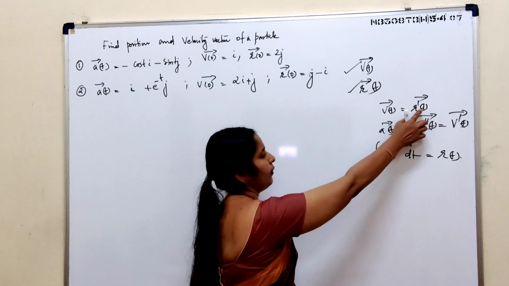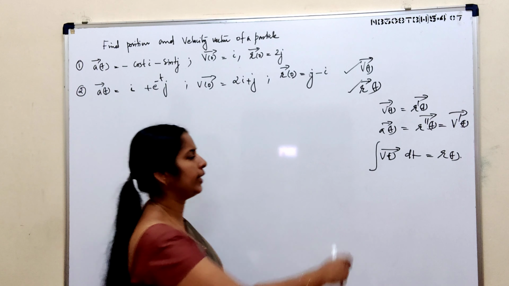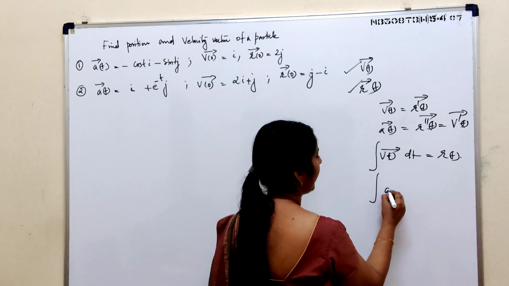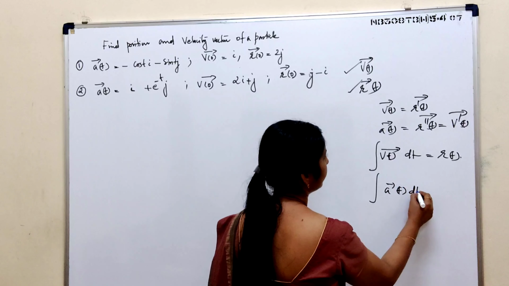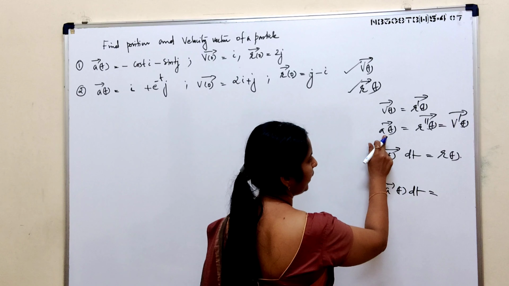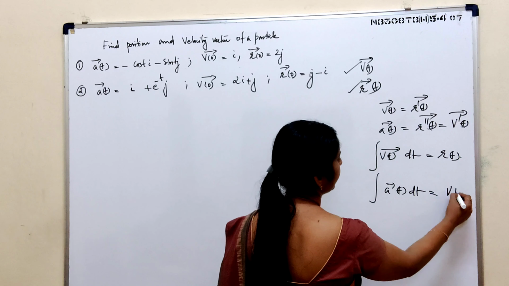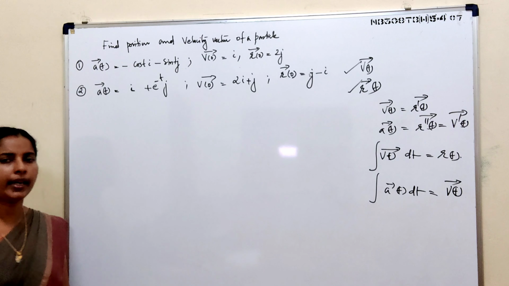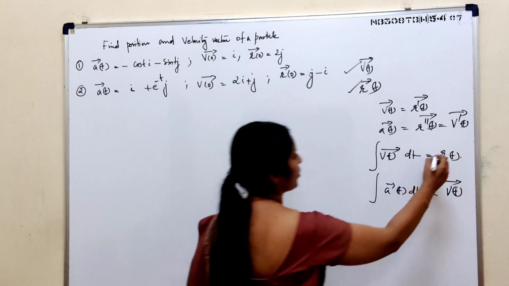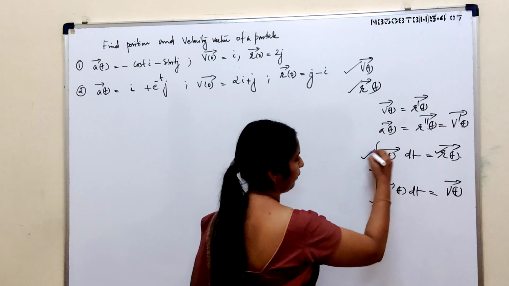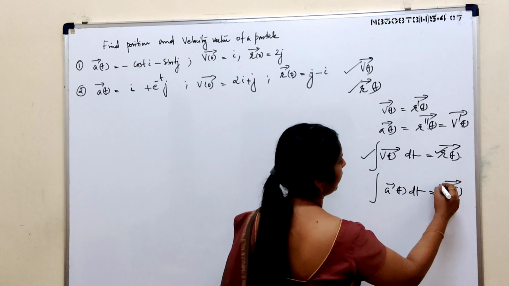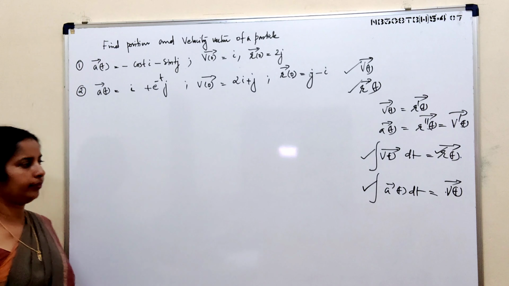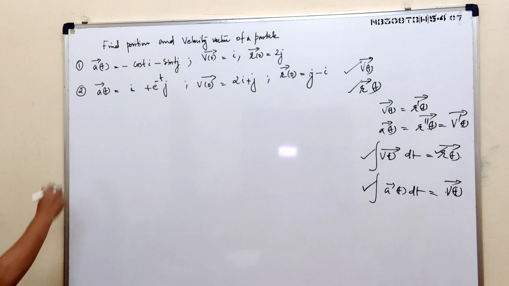See, velocity is the derivative of r(t), so the integral of v(t) is r(t). Again, the integral of a(t) is v(t). So, we can find the position vector r(t) by integrating v(t), and the velocity vector can be obtained by integrating a(t). Here a(t) is given.